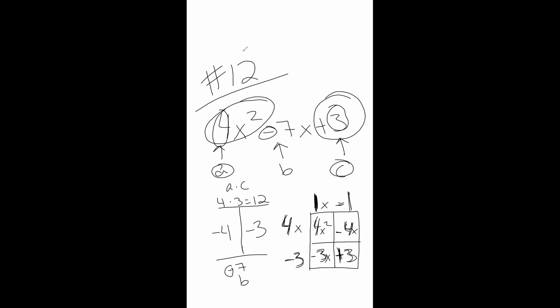So that works out. So my factors are right here: x minus 1 and 4x minus 3. You can flip-flop those, but as long as that x minus 1 is in its parentheses and the 4x minus 3 is in its own parentheses, you're correct.